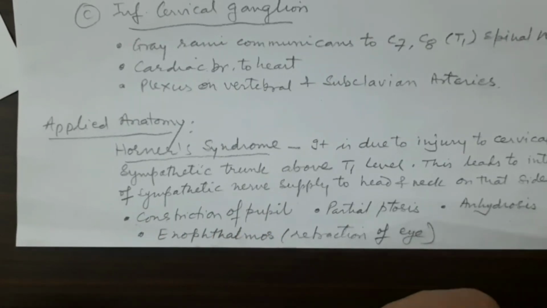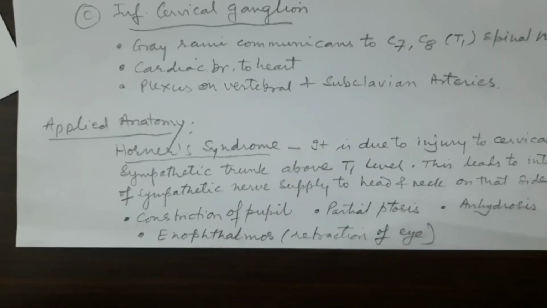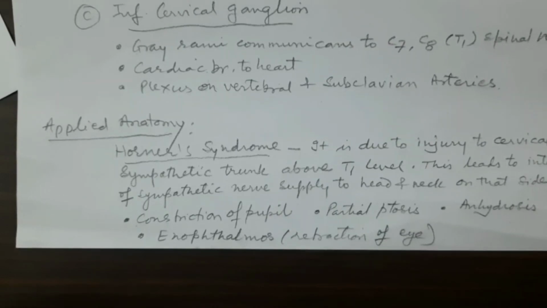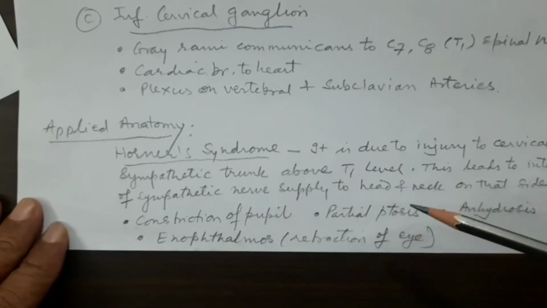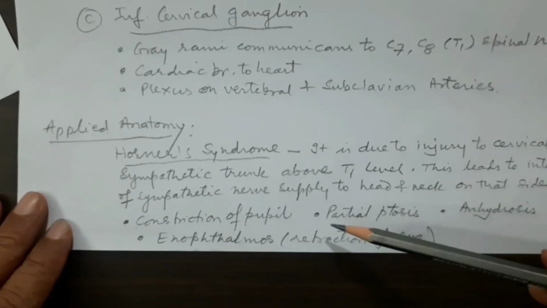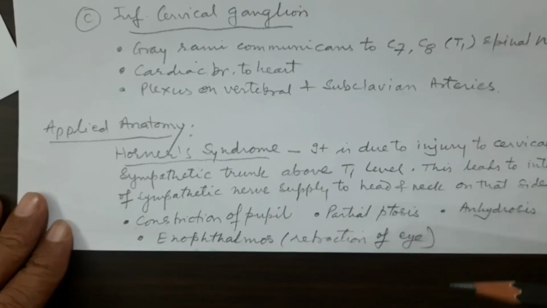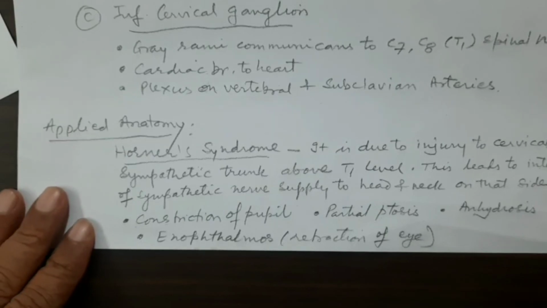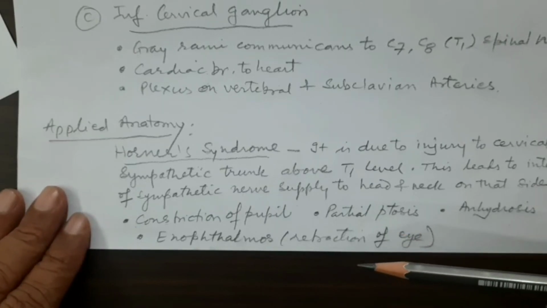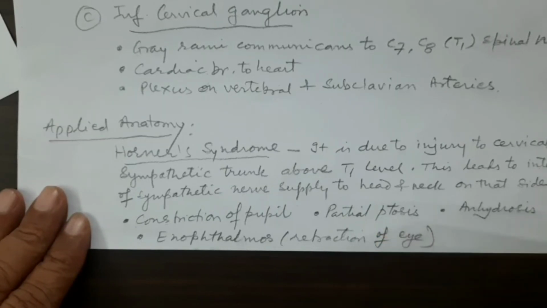Why will the pupil be constricted? This is due to the unopposed action of the parasympathetic supply. Since the parasympathetic supply is there in the iris, it will become overactive in the absence of the sympathetic. What is the function of sympathetic? It dilates the pupils.